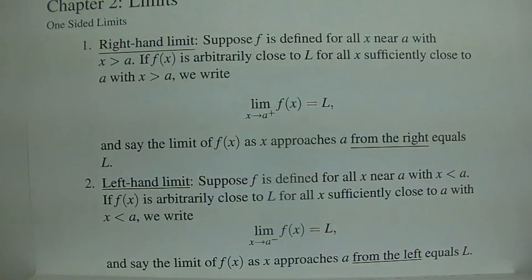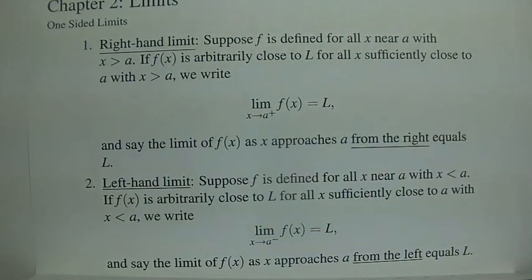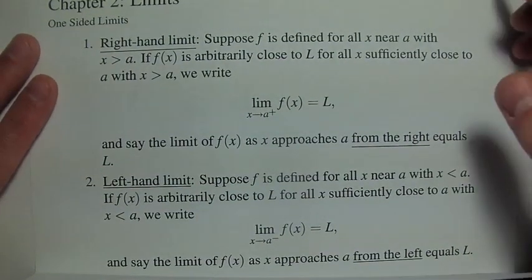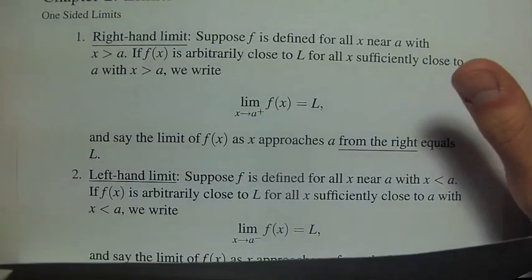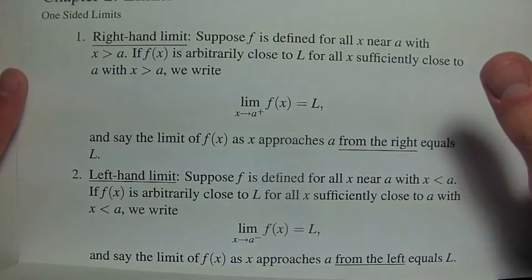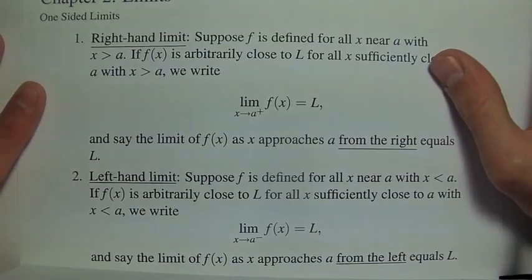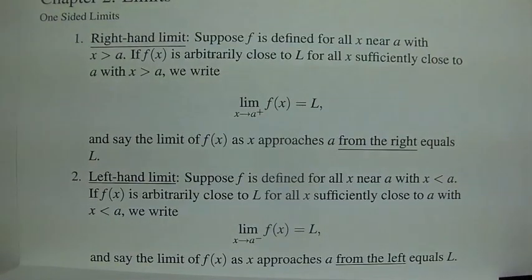But basically what you need to know, the important part, is this is the same idea. All right, we're thinking about what happens to the function as x gets closer and closer to some value a. But here it's either from the left or from the right.